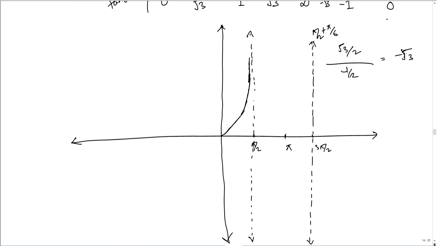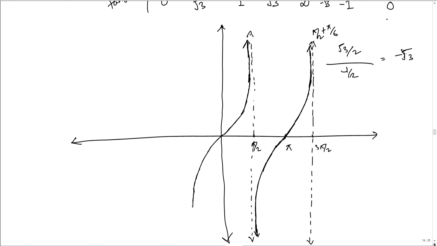In this quadrant, it has a very large negative value near pi by 2, but it would have a value 0 at pi, and it would keep increasing until it goes towards infinity near 3 pi by 2. You can extend it in this direction as well.